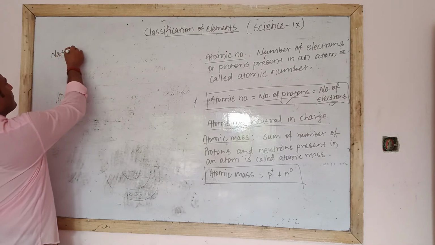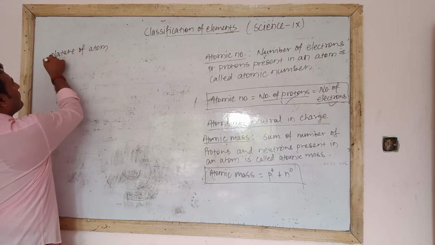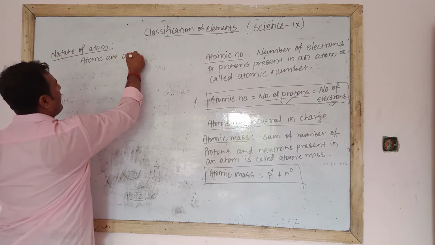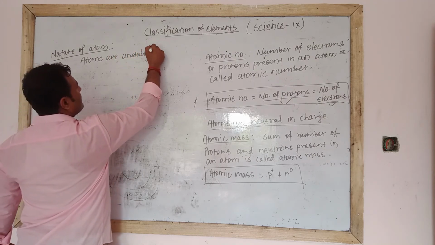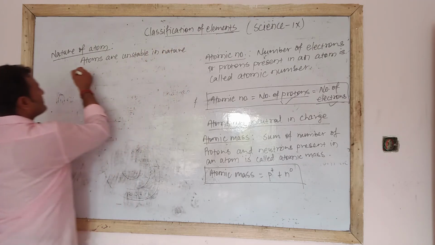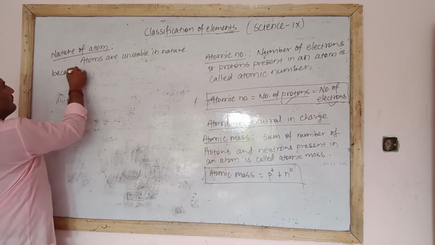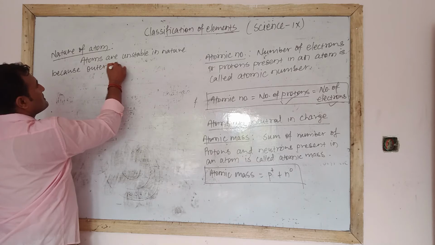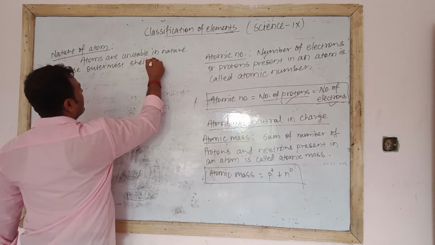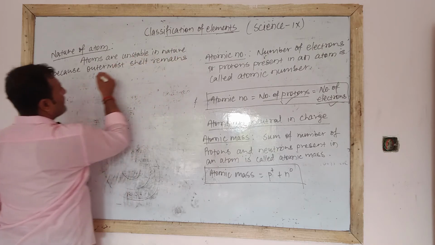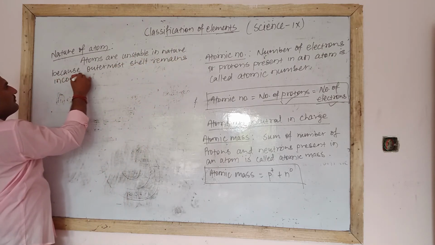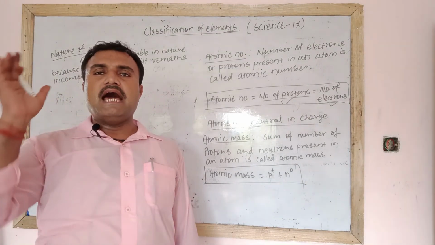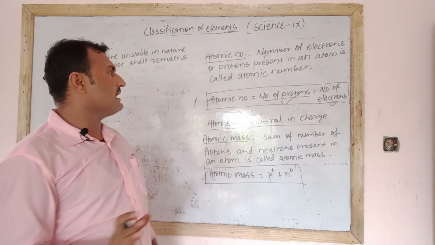In general, atoms are unstable in nature because the outermost shell remains incomplete, and due to that reason it tries to complete its outermost shell either by losing or gaining electrons.